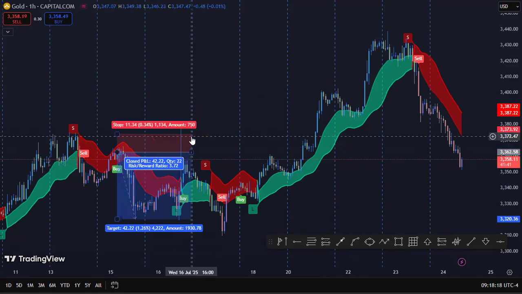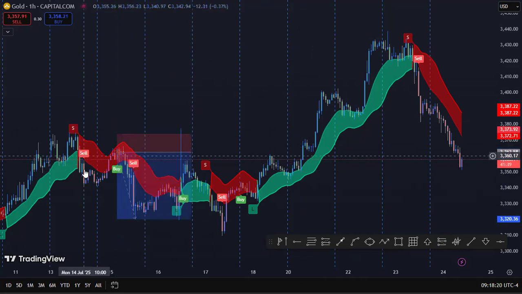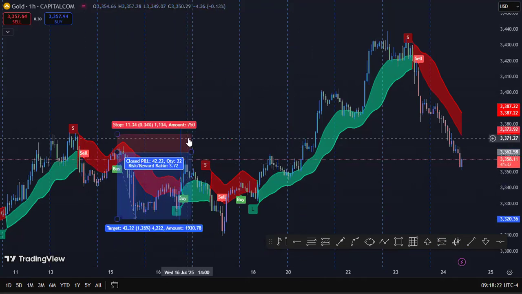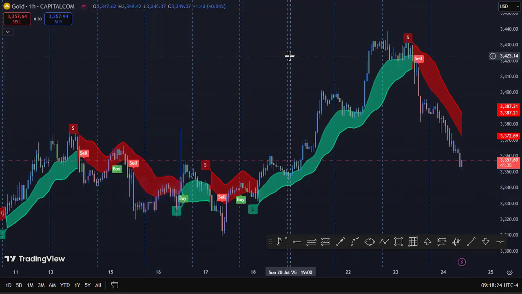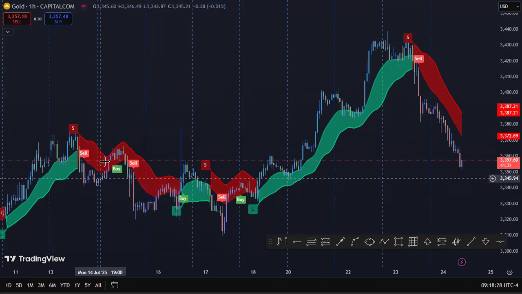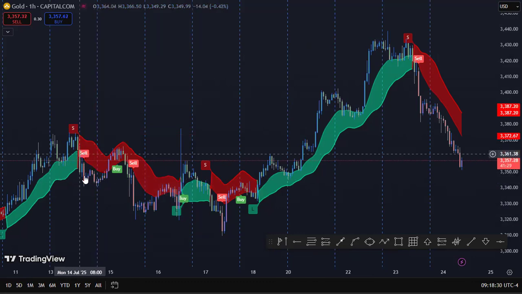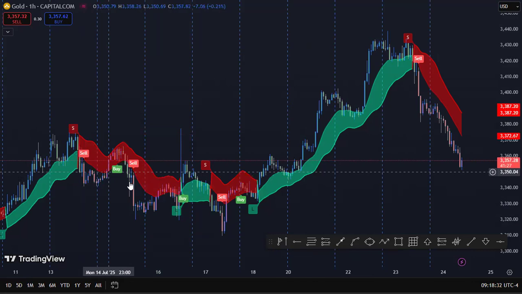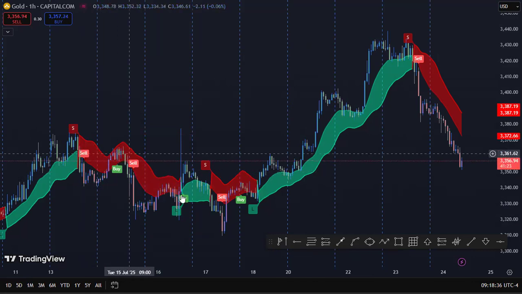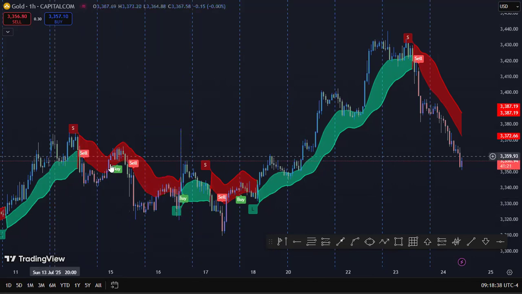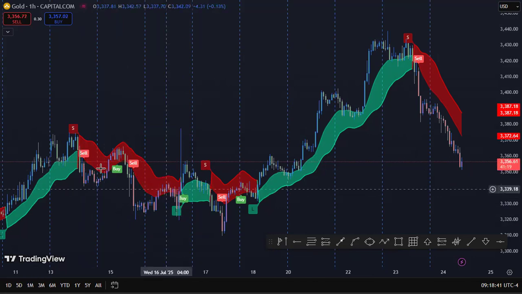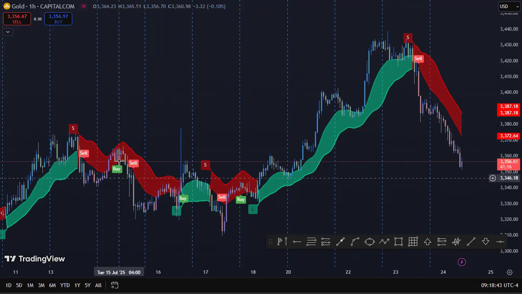Okay, so notice that we had a buy also after the sell. This is what I like about this system. It filters out false signals. As you can see, we had a sell here and then we had a buy, but the trend filter is still red, indicating that we are still bearish. So I wouldn't recommend entering that buy while we are still bearish.